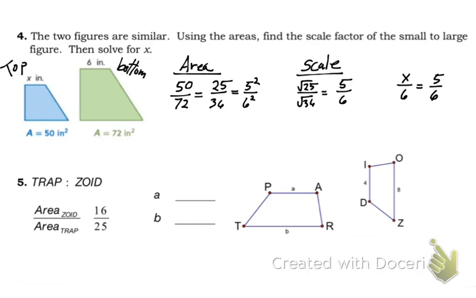Not 6. It has to be 5, right? If something divided by 6 equals 5 over 6, the only thing I know is 5. So x has to equal 5, and that's our answer. This time we had to go from area to scale, and that got us our side.